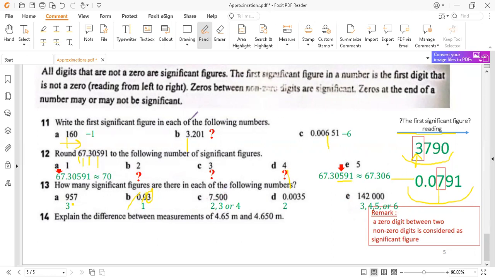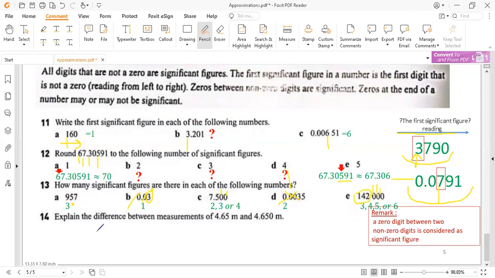And as in the definition, zeros at the end may or may not be significant. So maybe we have 3 or 4 significant figures. We have here 2 significant figures, and here 3. Definitely 3, but we can say maybe 4, 5, or 6.